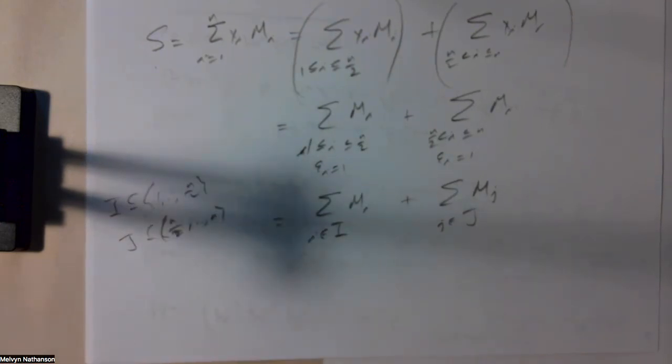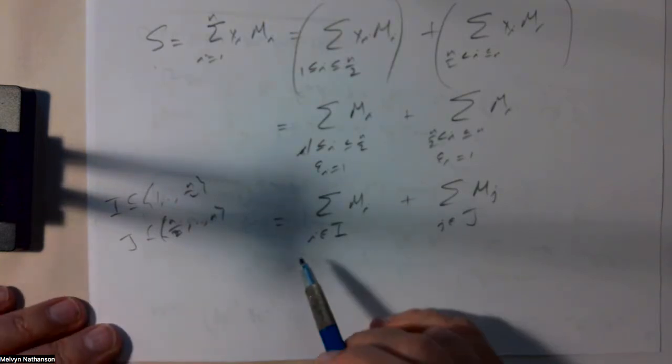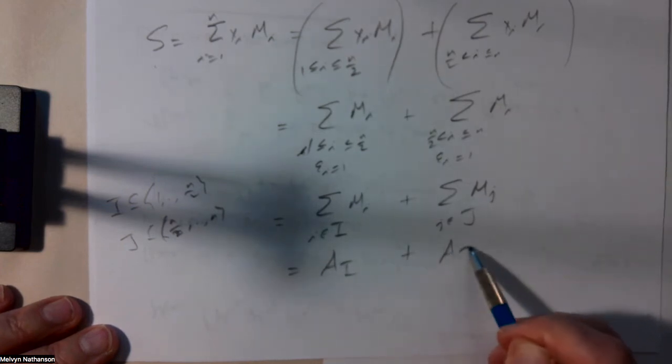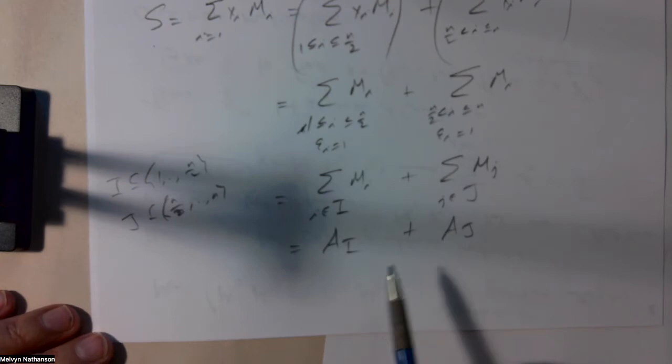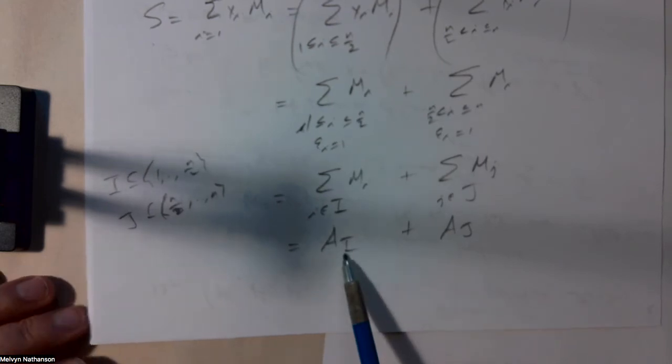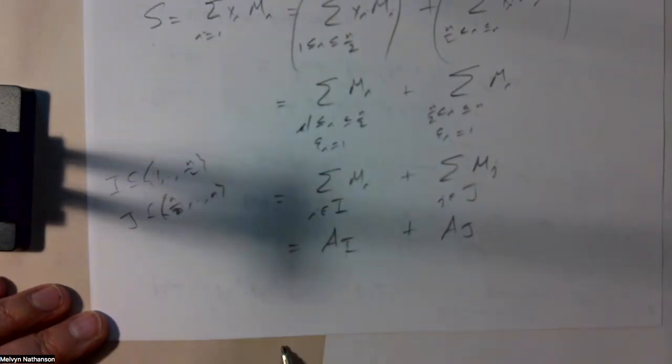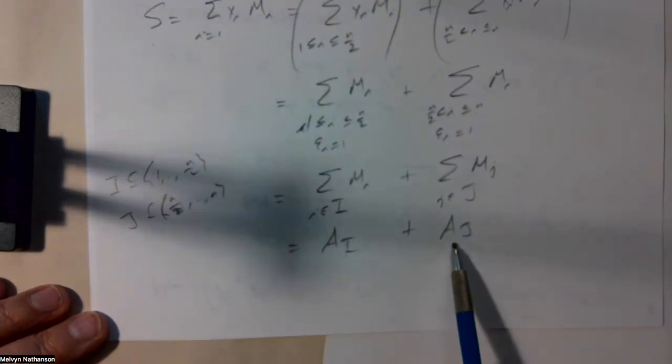And this number I'll call a sub i, and this number I'll call a sub j. So a_i is the sum of numbers in the first half of the terms of m, and a_j is the sum of numbers in the second half.